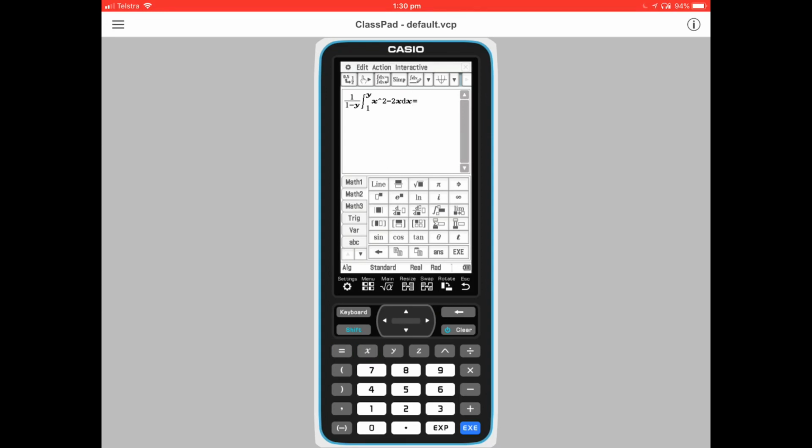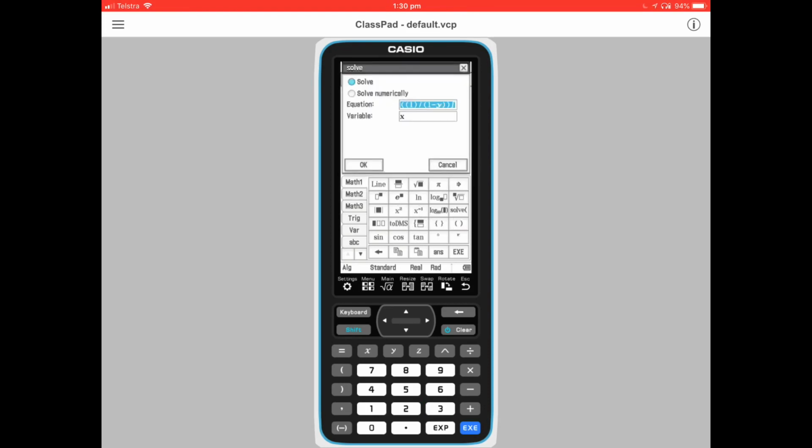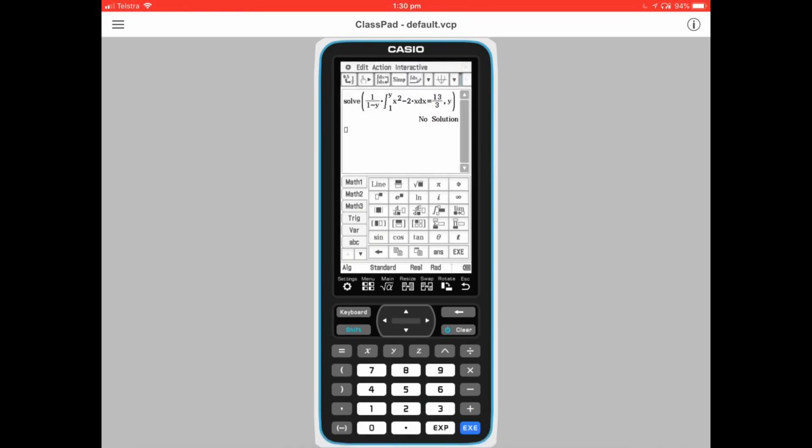Remember to push your right arrow, equals 13 divided by 3. Interactive, advanced, solve, and we want to solve for y. No solution. Okay, what have I stuffed up? 1 on y minus 1.